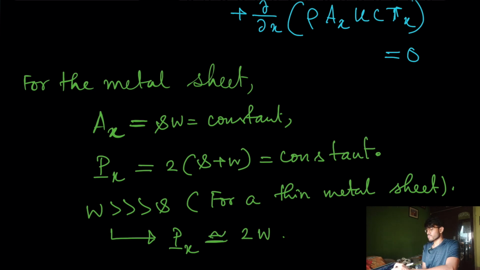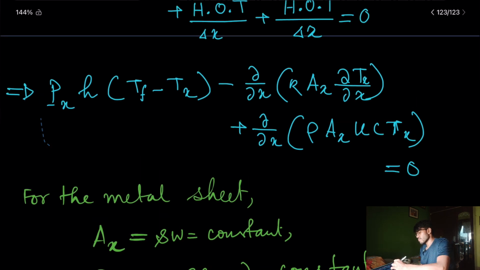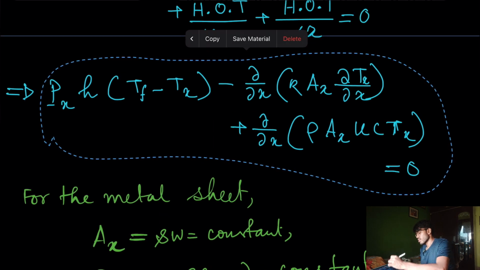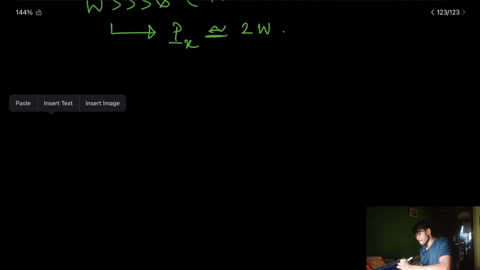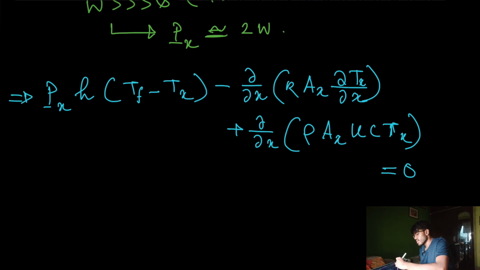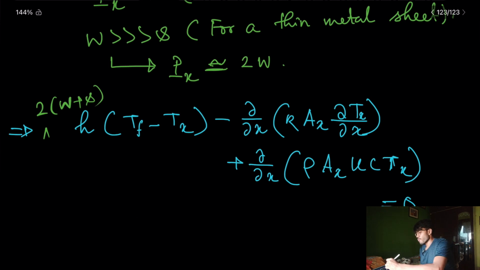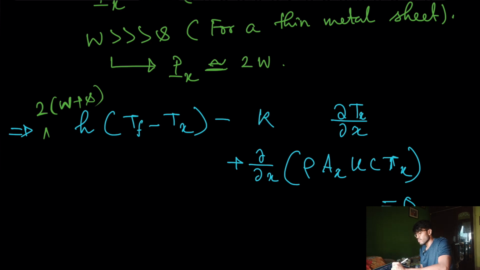Okay, is approximately clear. If I put these things into the equation to save time, I will just copy it. I will change this Px with 2 into w plus s. Yes, I am not applying the assumptions yet. And what I can do with this term, if I say that my k is also a constant, I can write it as k into w into s into del square T del x2.